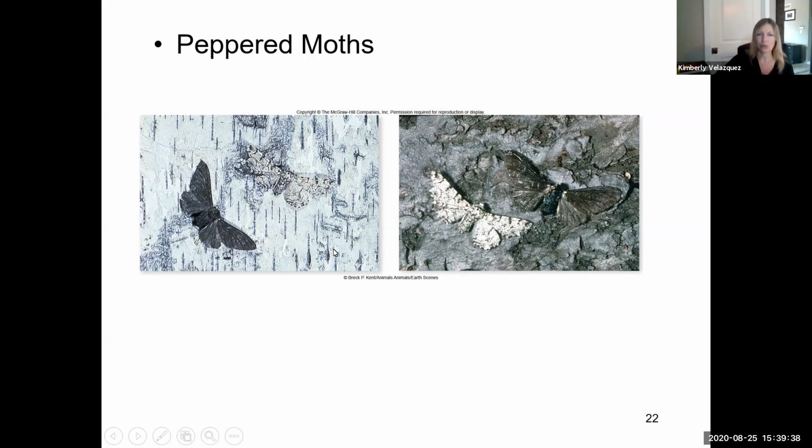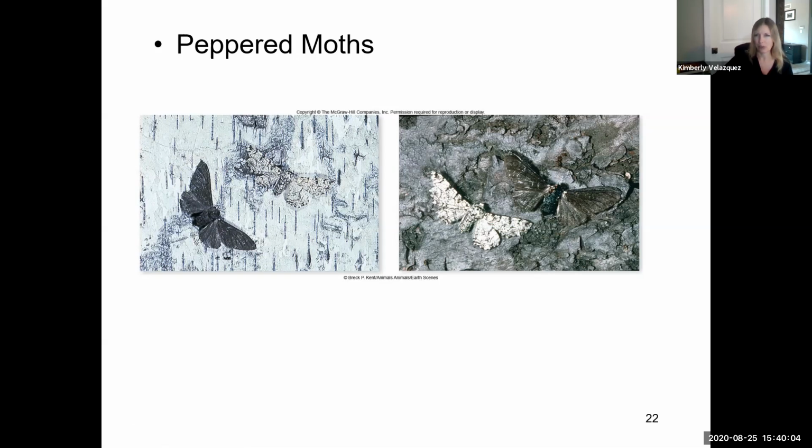So before the Industrial Revolution, the white allele for scale color in these moths was more common. So two possible alleles for scale color in these moths, dark and light, and they live on birch trees. Before the Industrial Revolution in England, the lighter moths were the more common because, as you can see, they're more camouflaged.